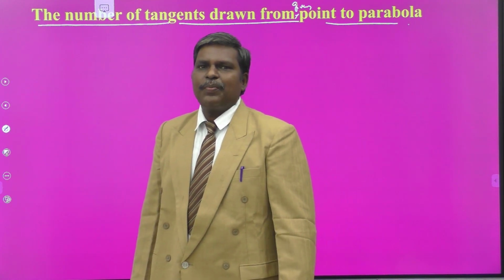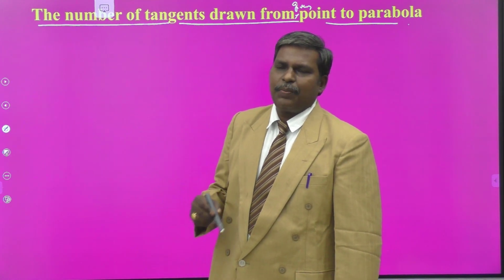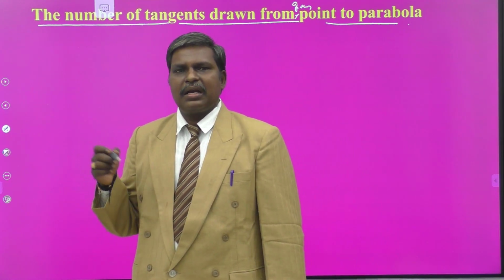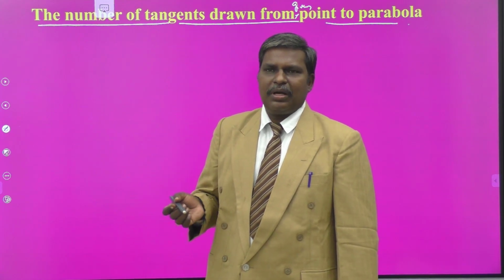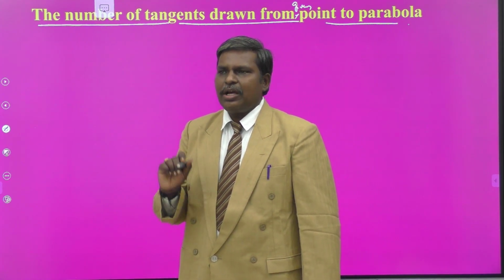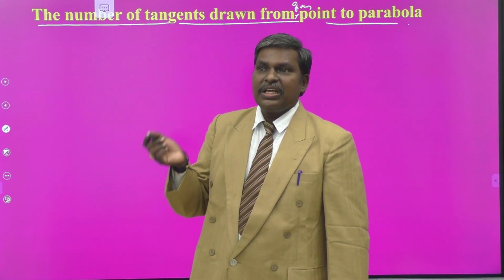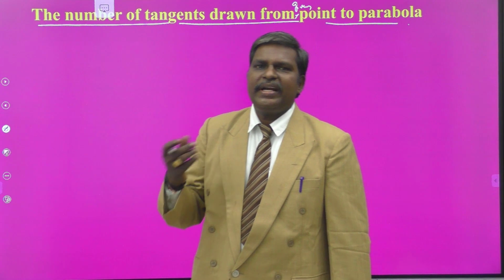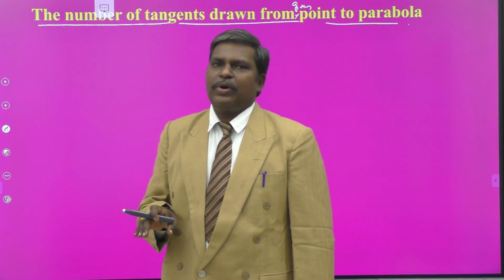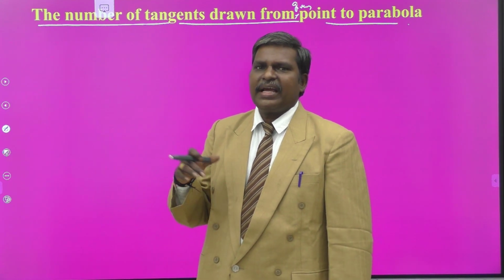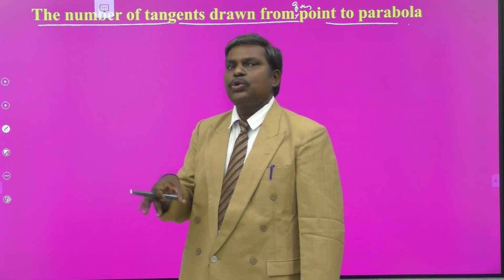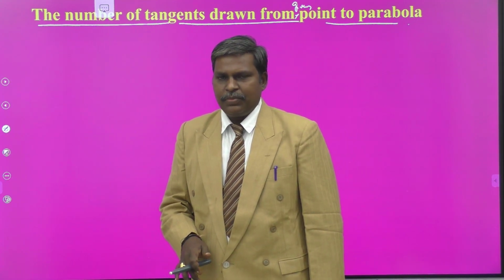By position of the point with respect to the parabola, the point may be outside or inside or on the parabola. Suppose your point is outside, how many tangents can you draw from that point to the parabola? That is the question. If your point is on the parabola, how many tangents can you draw through that point? If it is inside, how many tangents can you draw through that point to the parabola? That is my question. Okay.